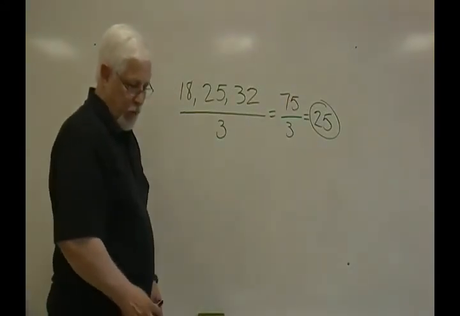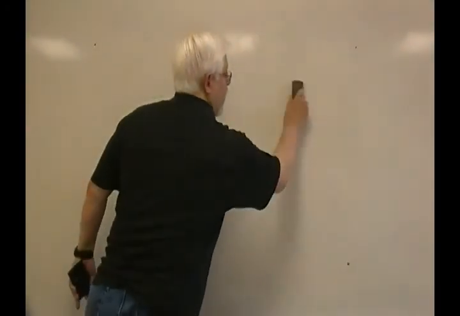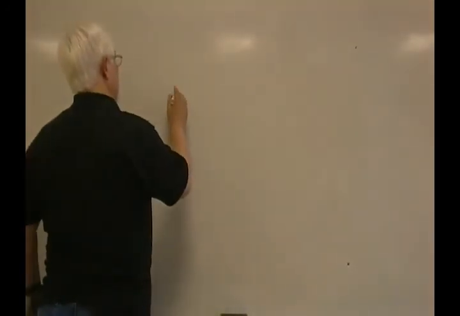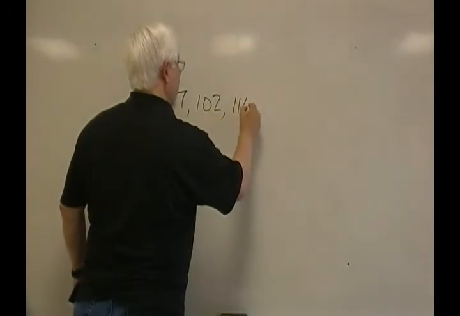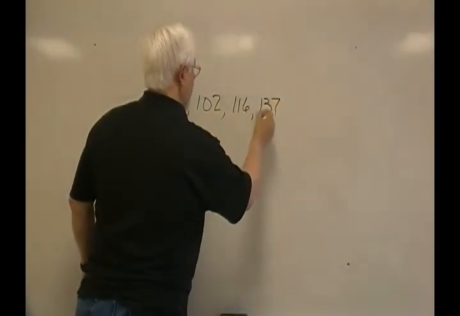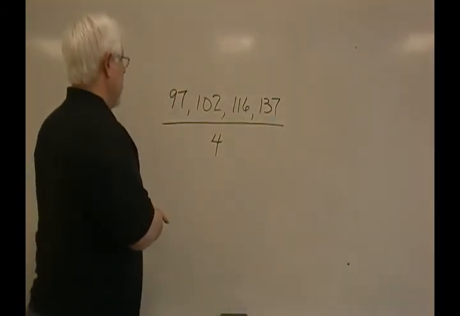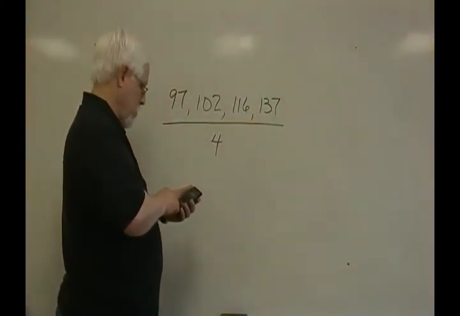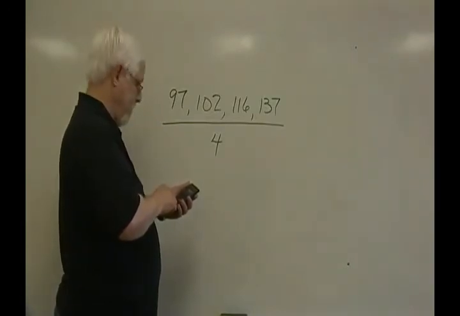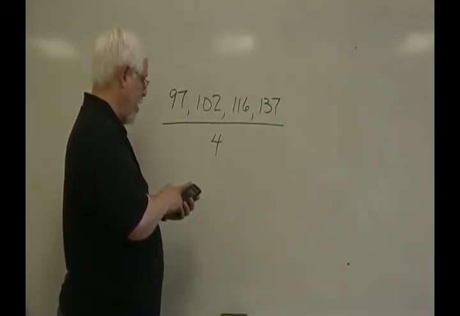Number 3, we want the average of 97, 102, 116, and 137. Remember, you may use your calculator for this portion of the test. So let's try it. 97, 102, 116, and 137.